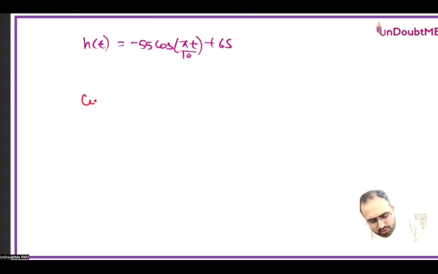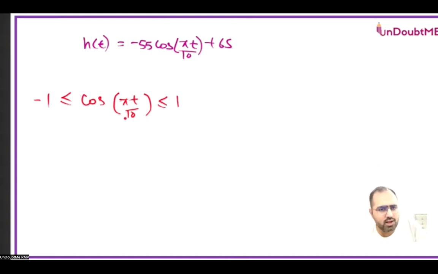The value of cos of whatever, like this is pi t by 10, but whatever cos is there, it always lies between -1 and 1. I hope both of you know this. Yes, sir. Okay, now coming to whether this sign should be plus or minus.